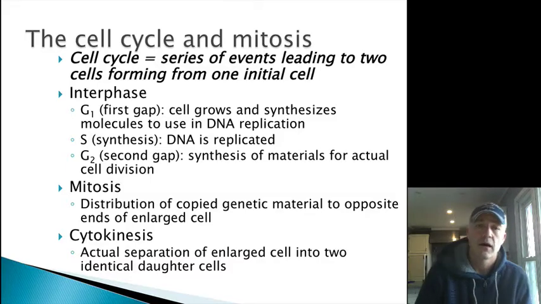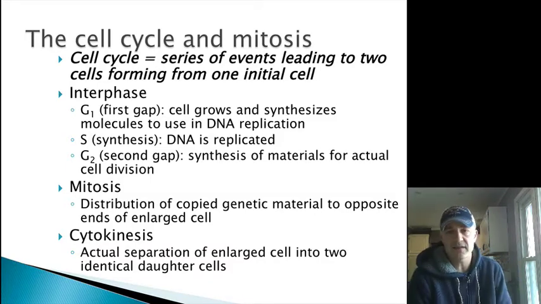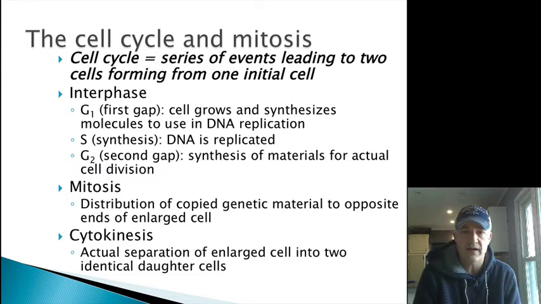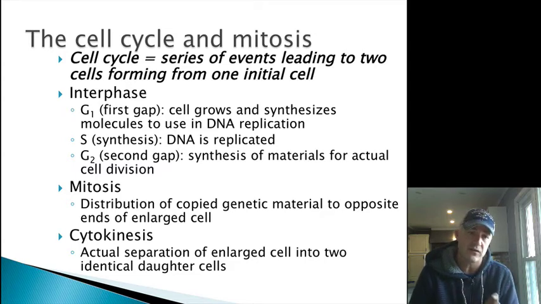Another thing that's kind of important to us is the cell cycle. You do have the different stages of the cell cycle taking place. We will probably not focus on this too much because you do this in other classes, but there are the different stages of mitosis.